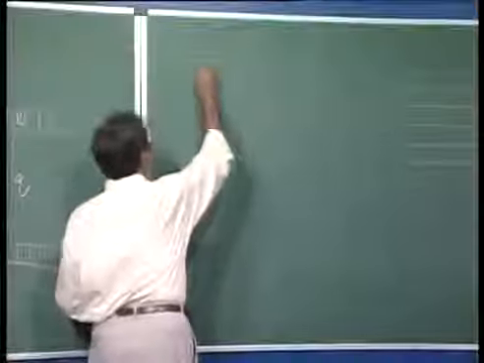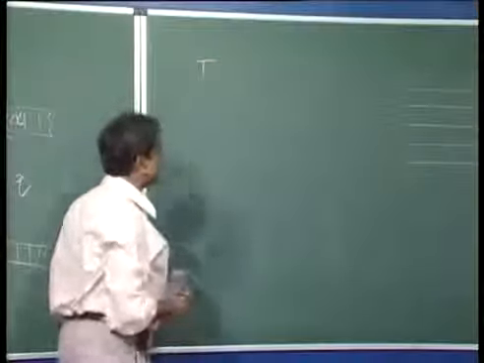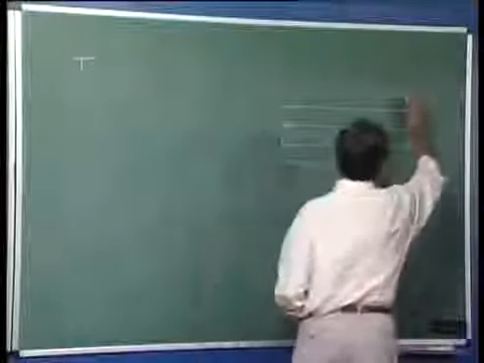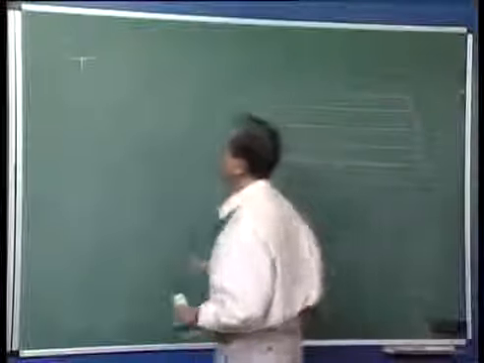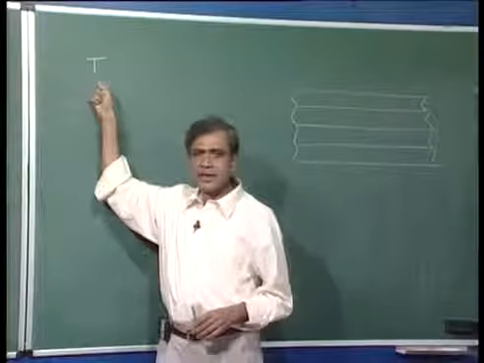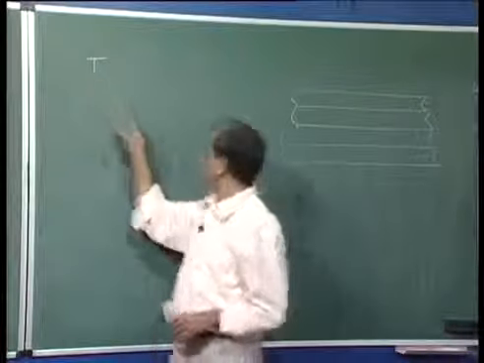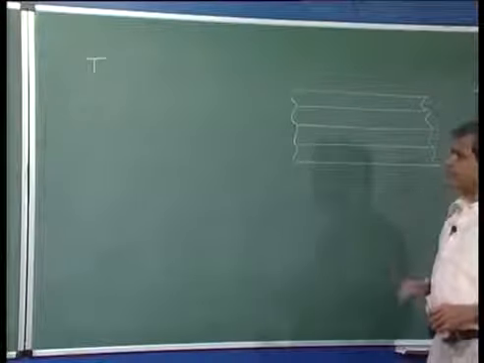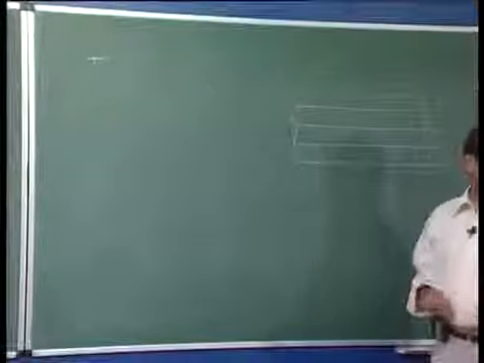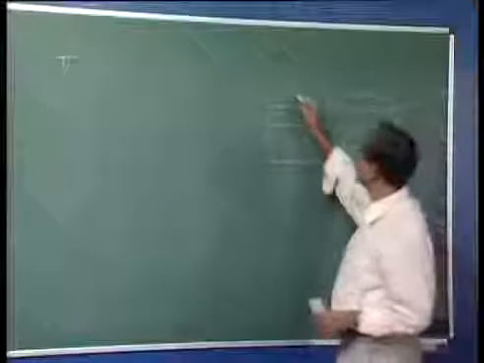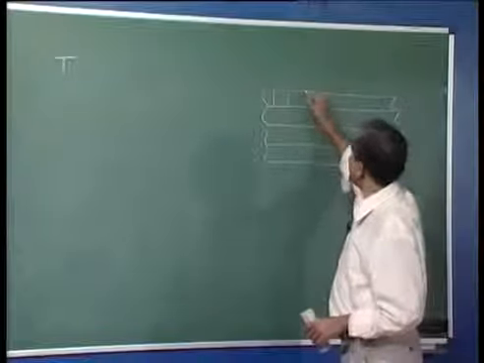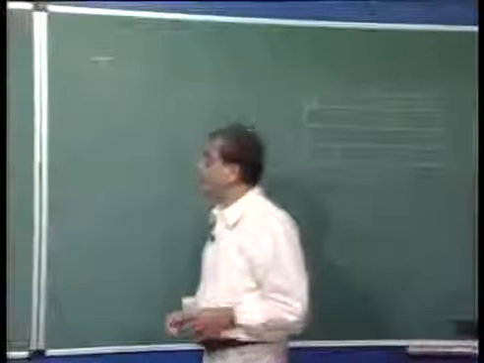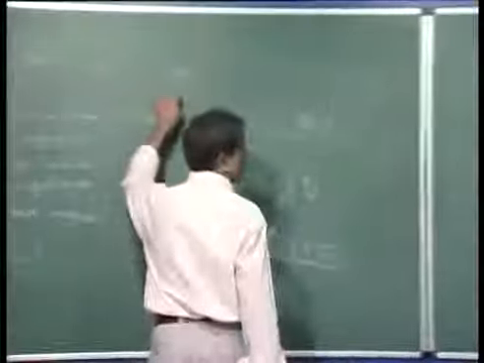Let us call that Turing machine T, and right now what I am describing to you is that this single tape Turing machine T will have 4 tracks. Now, the significance of these 4 tracks will be that in this first track we will have the contents of tape 1 of the 2 tape machine M.